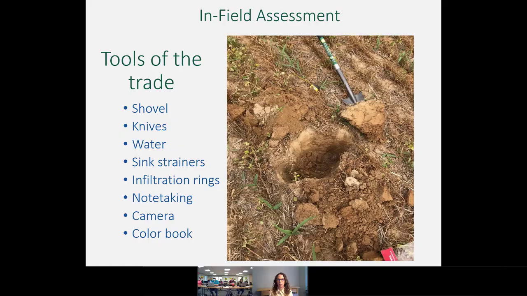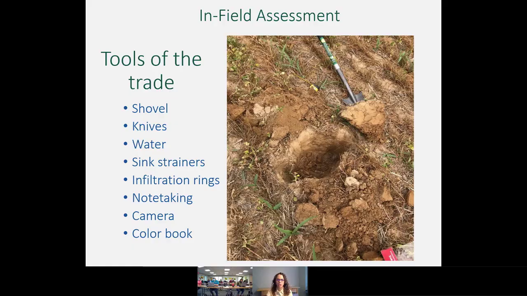You can bring a soil knife to help prepare the face and investigate the structure and other things. We will talk about using water and sink strainers to assess the indicators, especially aggregate instability. And infiltration rings are another piece that can be brought into the field and used to measure infiltration, which is a vital part of the assessment.